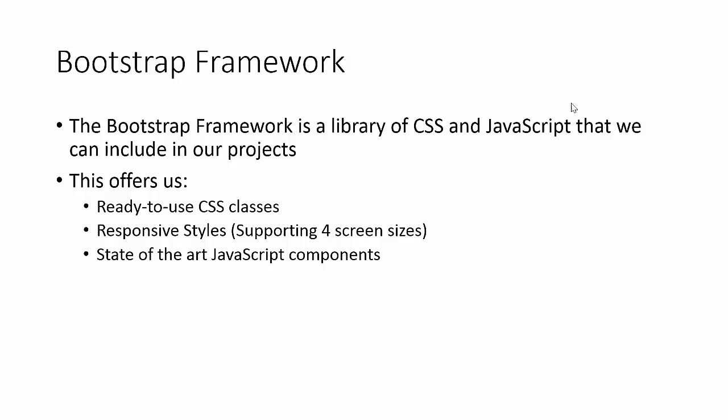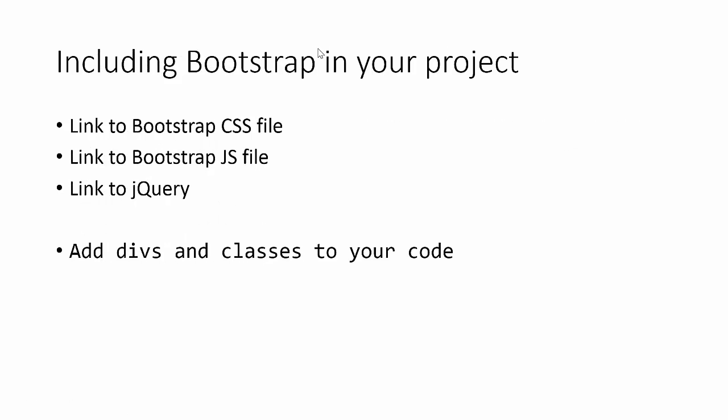With all of that being said, when you're ready to include Bootstrap in your project, there are a few steps we have to do. Bootstrap is made up essentially of CSS and JavaScript files, so we have to create a link to the Bootstrap CSS code and a link to the Bootstrap JavaScript code. We're also going to have to create a link in our HTML to another library called jQuery, because Bootstrap's JavaScript is dependent on jQuery code, so we'll have to include that as well.